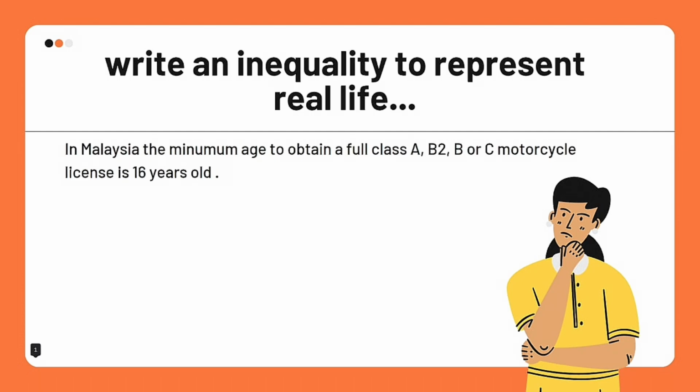So first, we want to determine what inequality sign is going to represent minimum. Well, they have to be minimum 16. We know they can't be less than 16. So we can get rid of two inequality signs, less than and less than or equal to. Now we only have two inequality signs left, greater than and greater than or equal to.